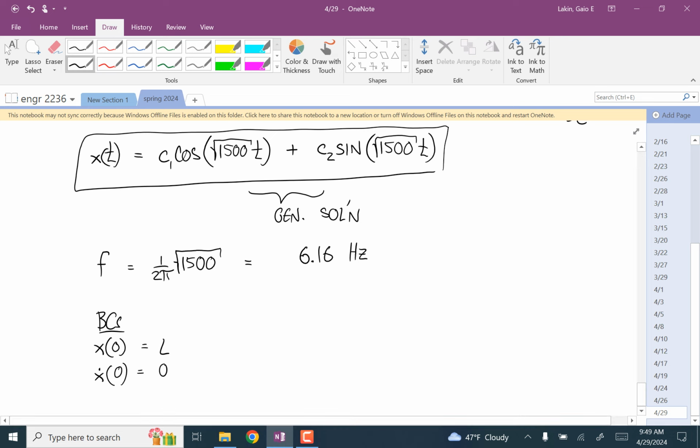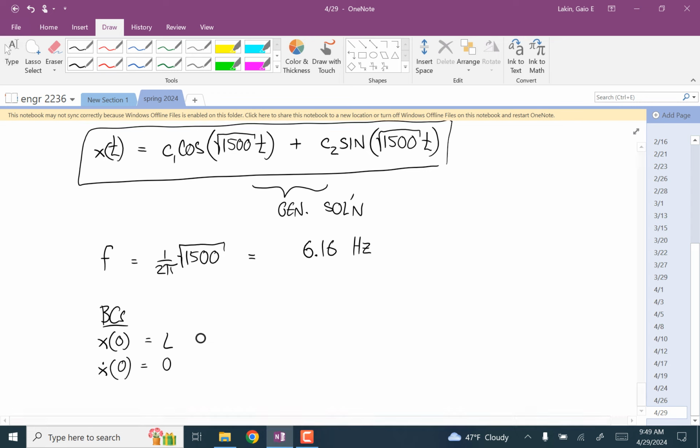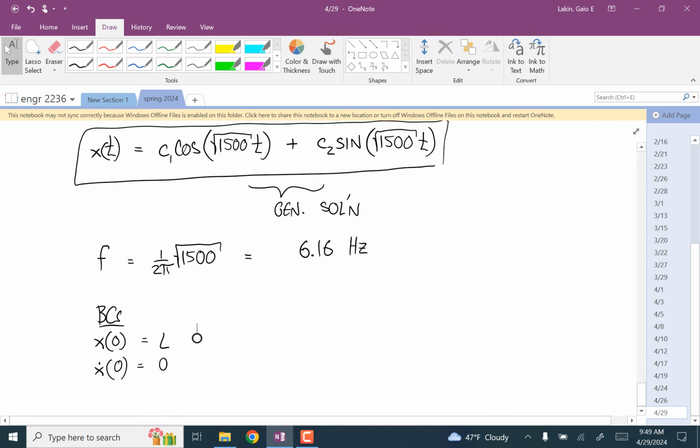And then if you ever forgot that frequency formula, remember the way you can get the frequency is you know that the period comes from setting whatever is in the trigonometric arguments equal to 2 pi and then solving for t. And then the frequency is the reciprocal of that. And we don't have to derive the cosine of square root of k over m?